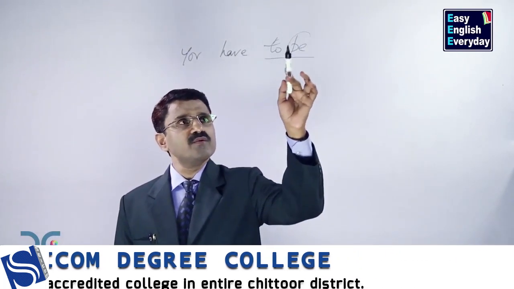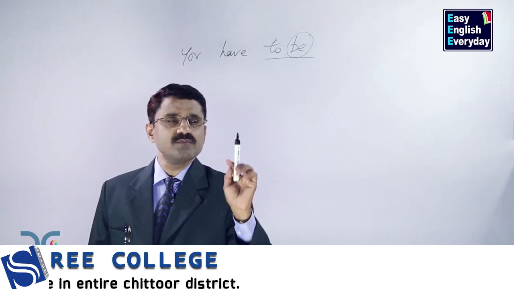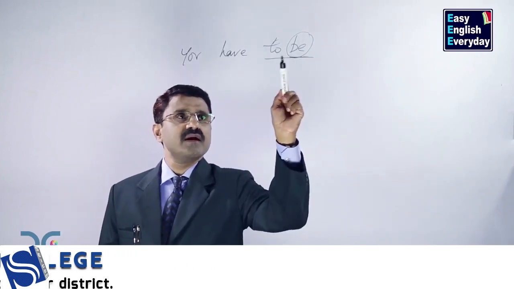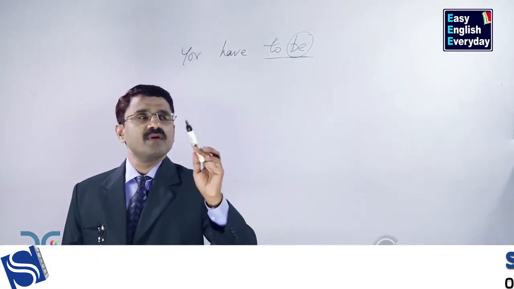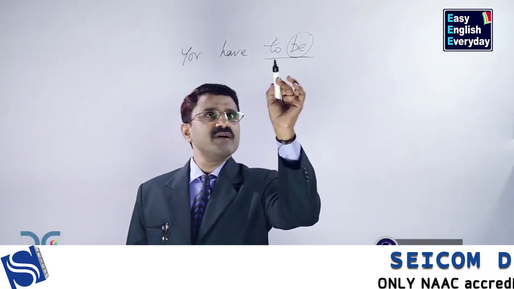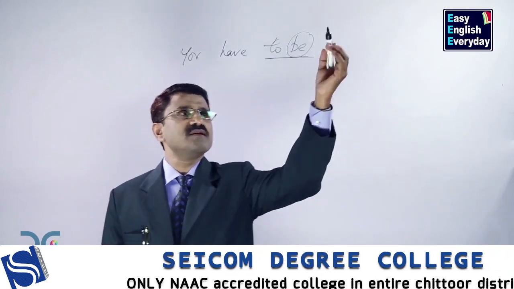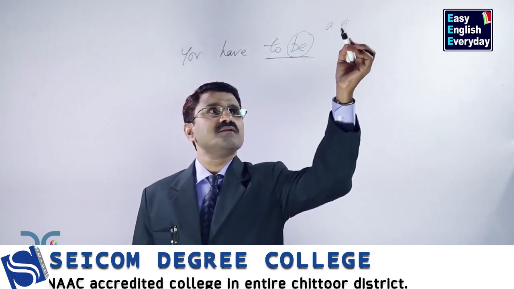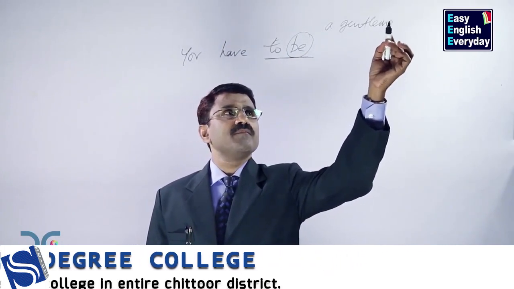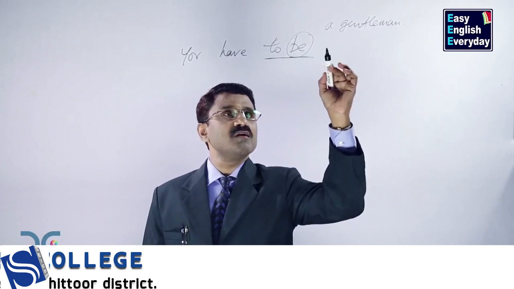You can use the same sentence with slight modification like this, to be. You have to be. Then when you decide to use to be, you can say words like this. You have to be a gentleman.